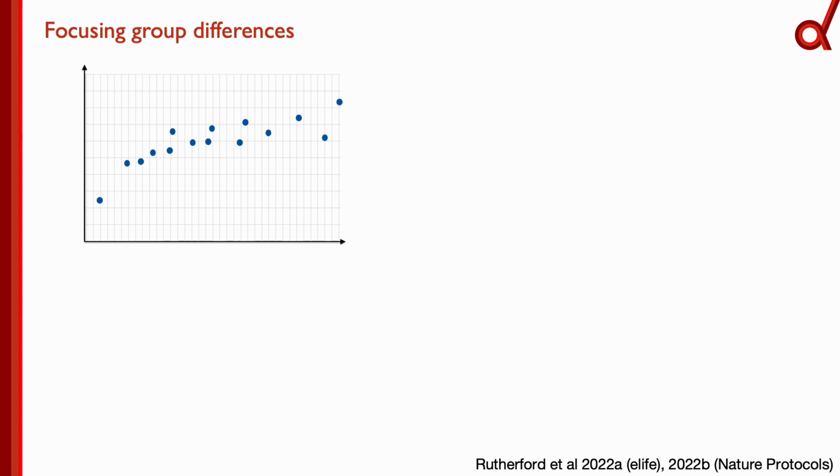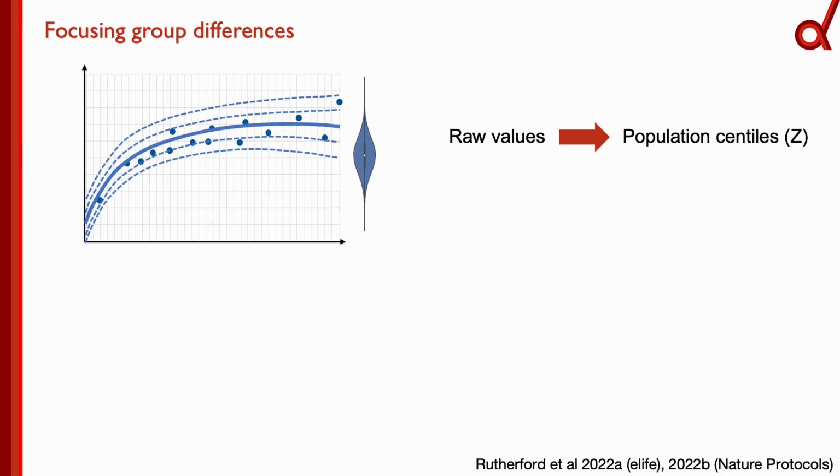So one of the things that normative modeling is quite useful for, and this is probably the most straightforward benefit of normative modeling, I would say, is that it is quite often used for focusing group differences. So I'm showing you a set of data here. Now, if we were to plot a marginal distribution for these data points, you might end up with something like that, which has a certain distribution. So what we're doing in normative modeling, when we fit a normative model, is you can think of it as reparameterizing the data, moving from raw values to estimated centiles within the population.